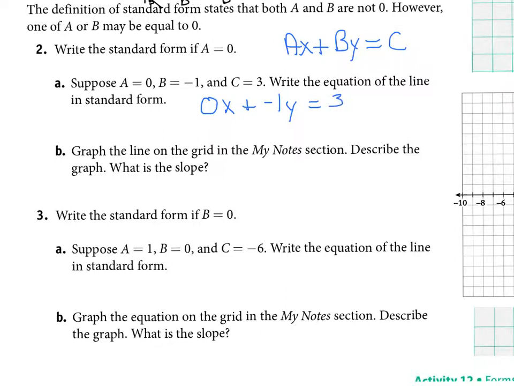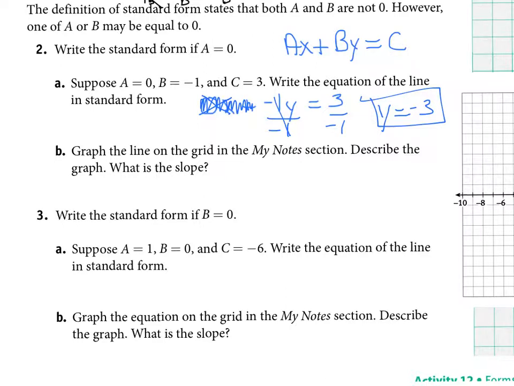Now the 0x simply cancels out, and you're left with just -1y equals 3. So just divide by -1, divide by -1, and y equals -3.